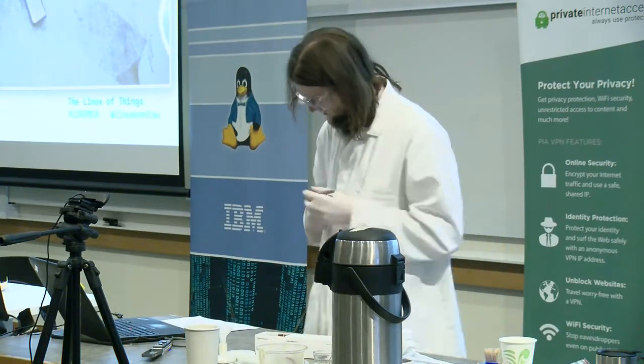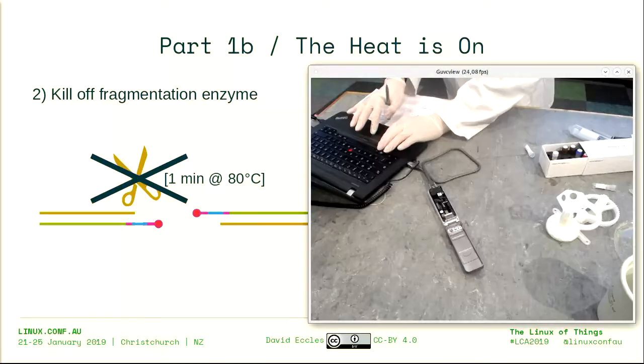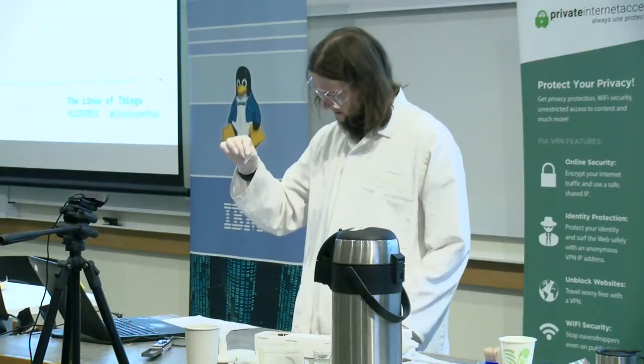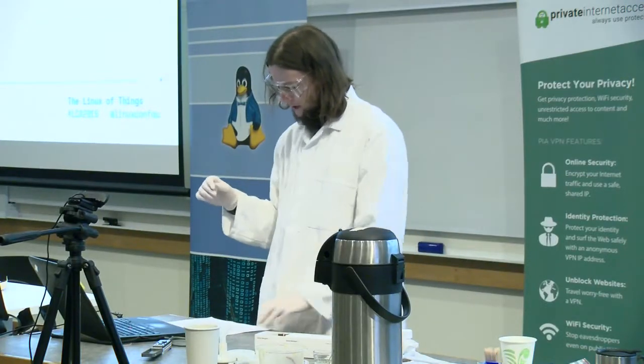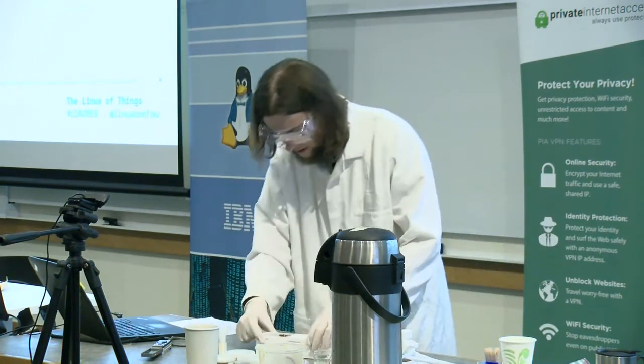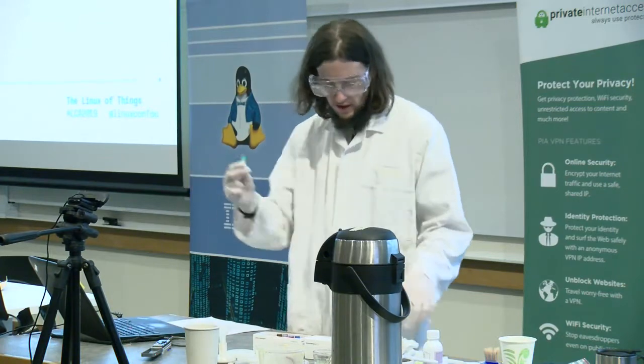Okay. And I've just realized that this sample prep is taking quite a lot longer than I expected. Okay, now that the fragmentation mix is inactivated, I can add my rapid adapter primer, which is in here.